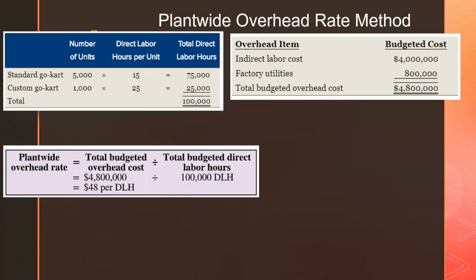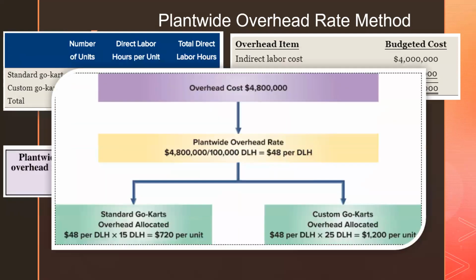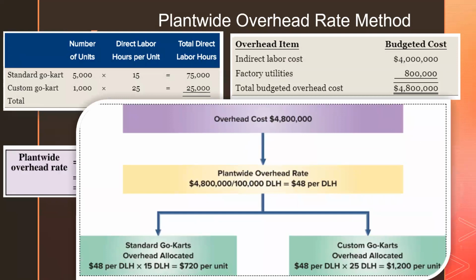So based on how many hours it ends up taking, we are going to apply our overhead at $48 per direct labor hour.